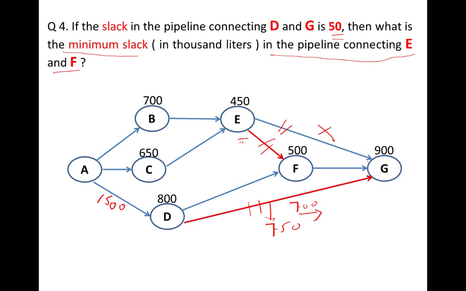I will let them pass from this pipeline E to F, so that from E to F it will pass on to F to G. In the process, we will maximize the flow of E to F. As a result, you will have a minimum slack here. Let's see how can we maximize the flow from E to F.